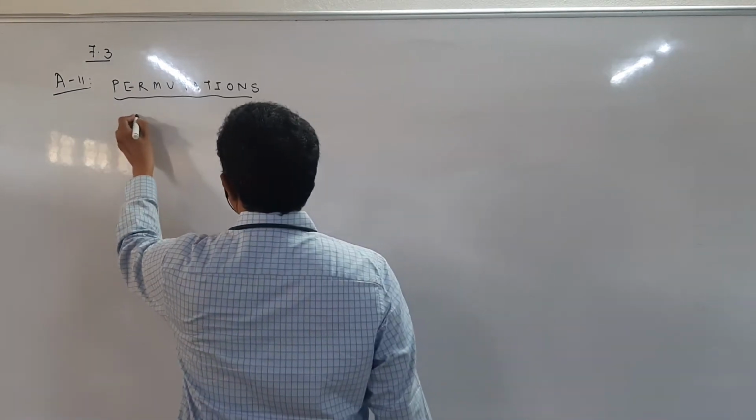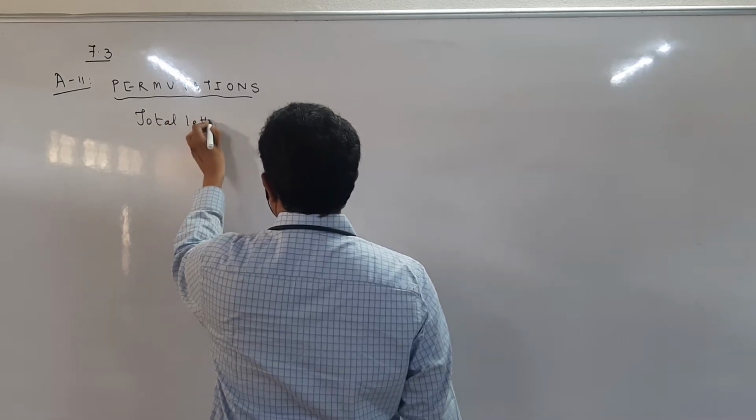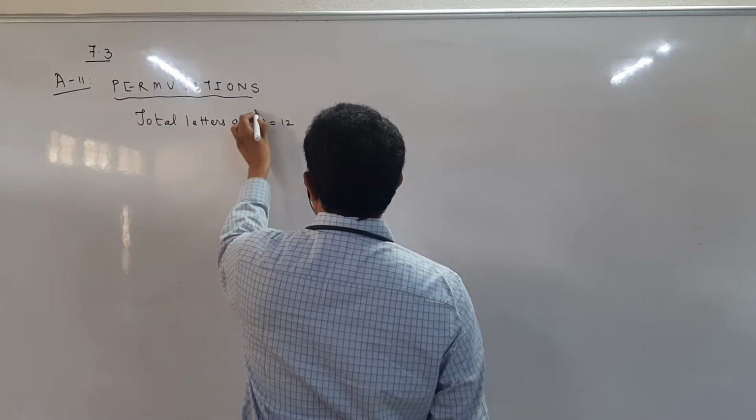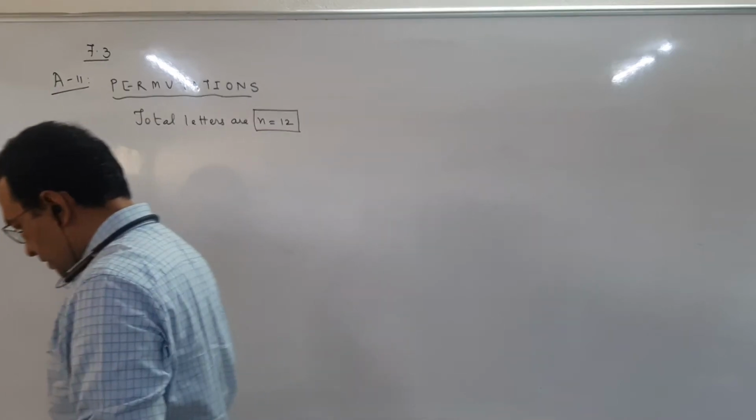Now, total letters are N equal to 12. That's what all of you would have understood.